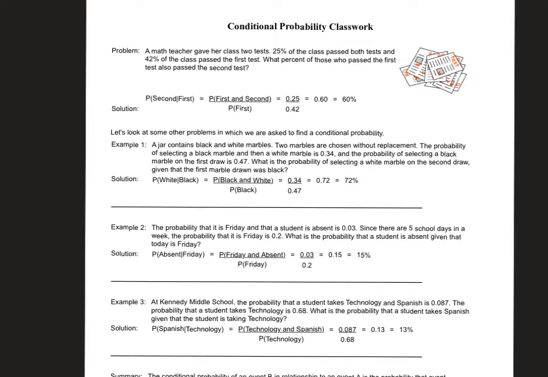So the first problem says a math teacher gave her students 2 tests. 25% of the class passed both tests, and 42% of the class passed the first test. What percent of those who passed the first test also passed the second test? Another way to reword this is what percent of those who passed the first test given that they also passed the second test?